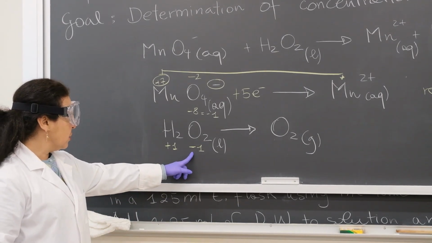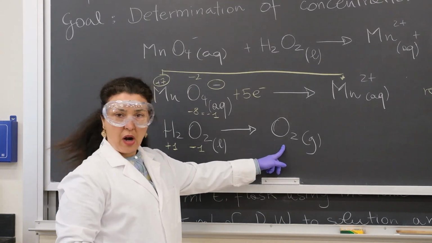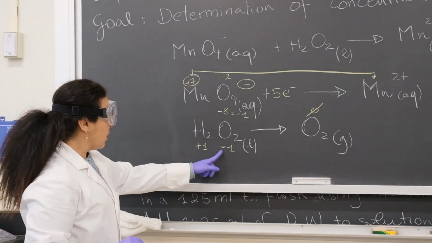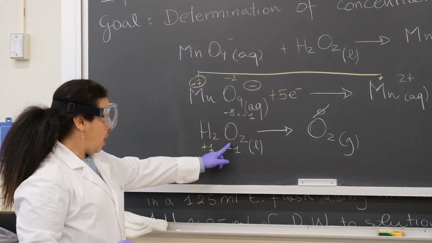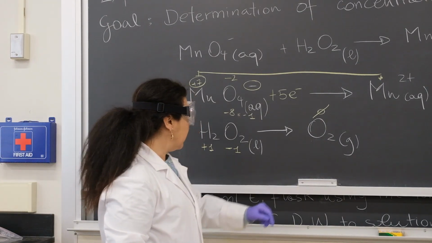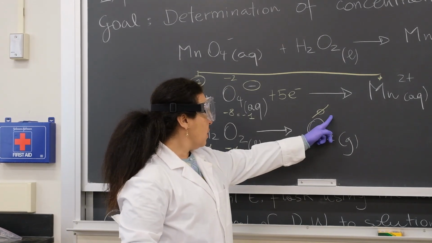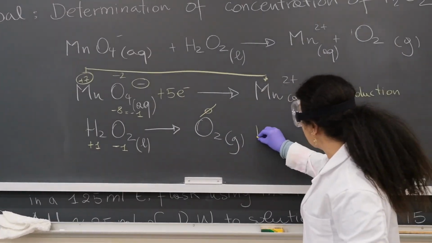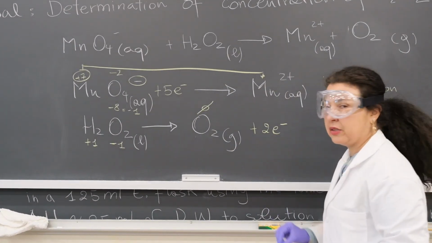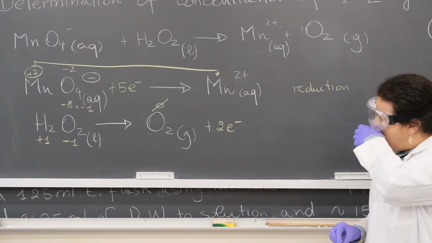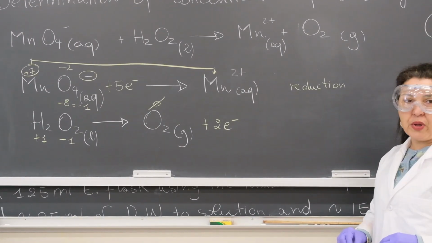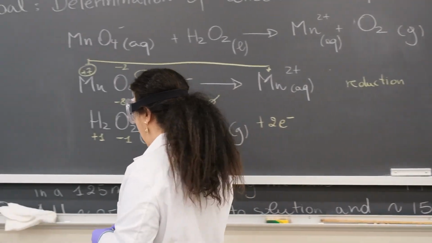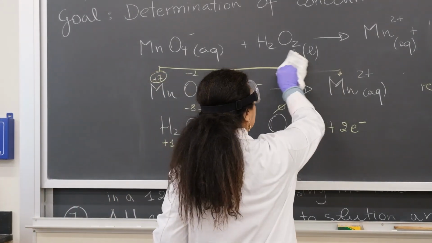The oxygen goes to molecular oxygen, so the oxidation number is equal to 0. Because we have 2 oxygen here and 2 oxygen here, from -1 to 0, we lose 1 electron each. Because we have 2 atoms of oxygen, we lose 2 electrons, okay? So that's how we balance the electrons. Let me erase this one second.